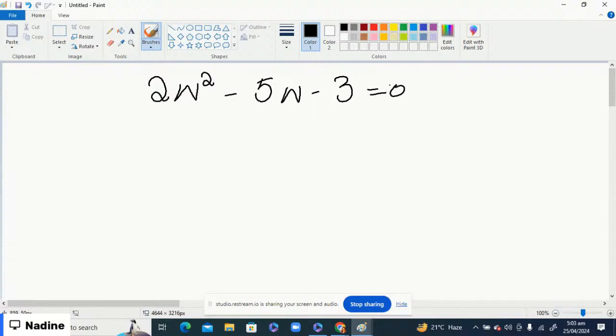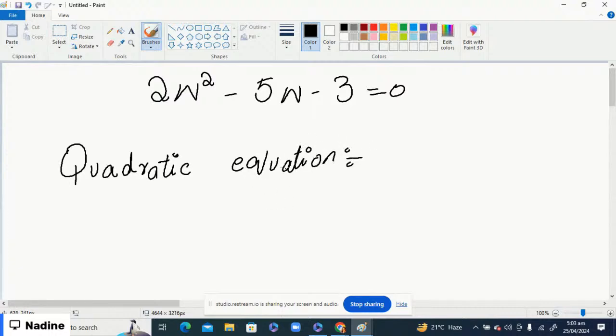First of all, let me tell you what the quadratic formula is, and let's write it down. But first, let me tell you what a quadratic equation is. A quadratic equation works in this form: ax square plus bx plus c equals 0.